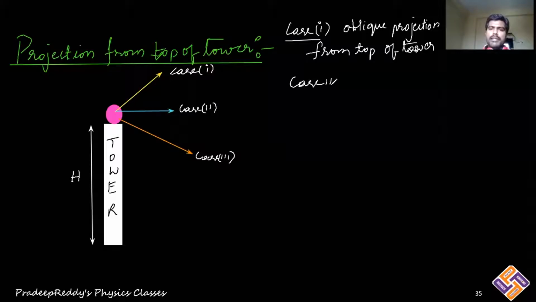Case 2 is called horizontal projection from top of the tower.